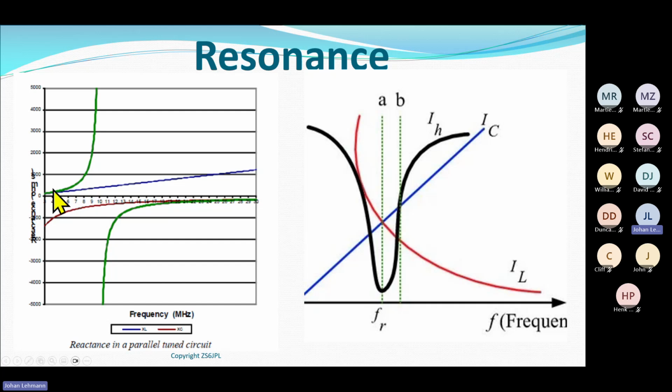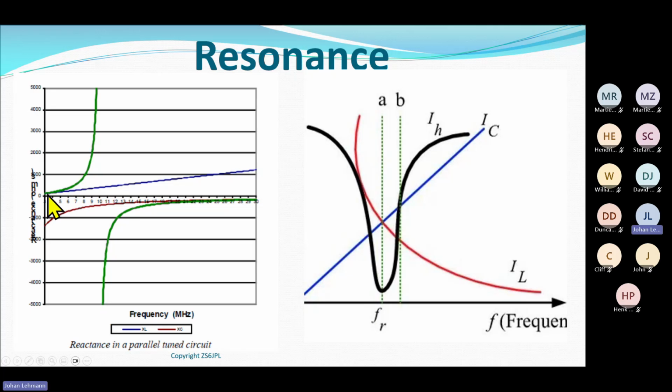Before resonance, the resistance is low, or the impedance is low. And then as I reach resonance, it shoots up to infinity. And the moment I pass the resonant point, it flips to infinite capacitively.